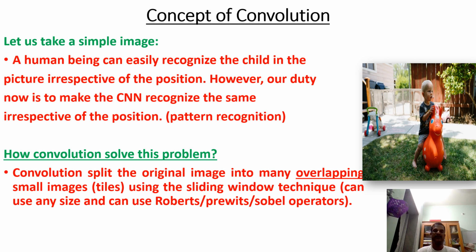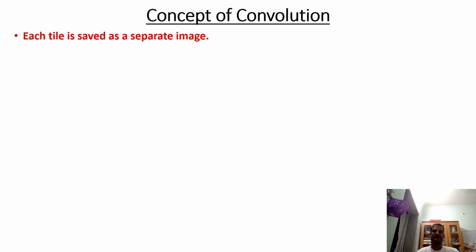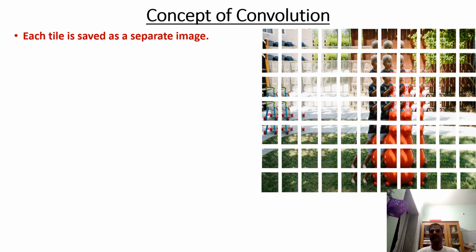When you use convolution, it is going to split the original image into many small parts. When you have many small parts, the size is not increased. Put together, it is going to be of the same size, but the chances of the body part of the child being available in different pixels will increase. Look at this image.